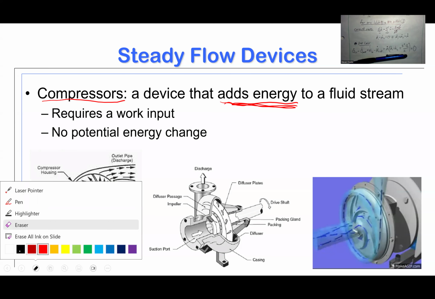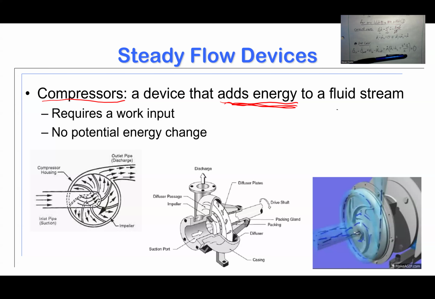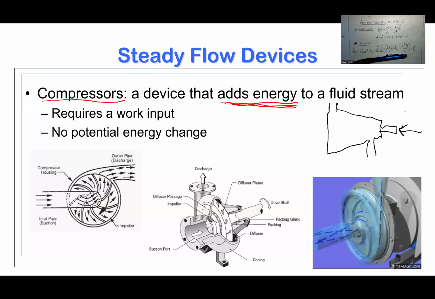Yeah, I normally draw these in a turbo configuration, meaning that you basically have an outlet on the narrow end and an inlet up here on the broader end. You have some sort of a rotating shaft putting a power input into the device, similar to what you see down here.